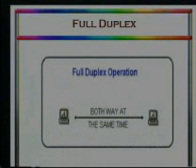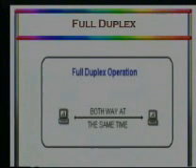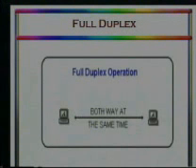Now finally, we have full duplex, and I have given you a small example. The telephone system is an example of full duplex. Data can transmit both ways; they have a channel in which data can flow in both directions. To understand the full duplex channel, try to examine the data link layer. We discussed various other protocols which support full duplex operations.